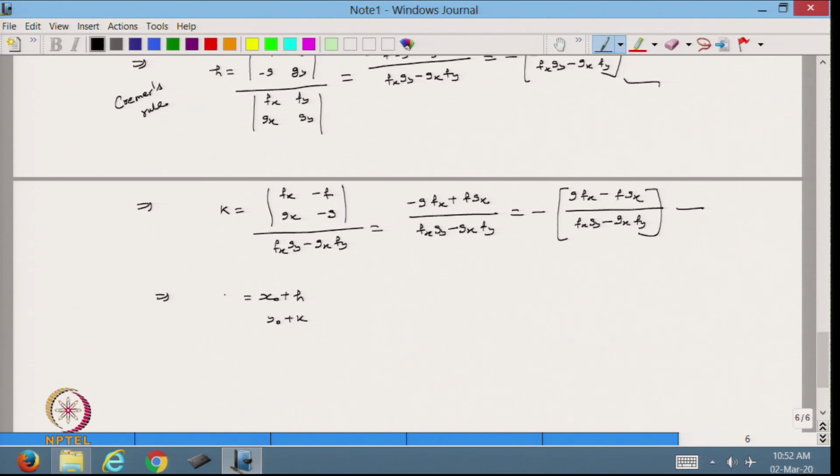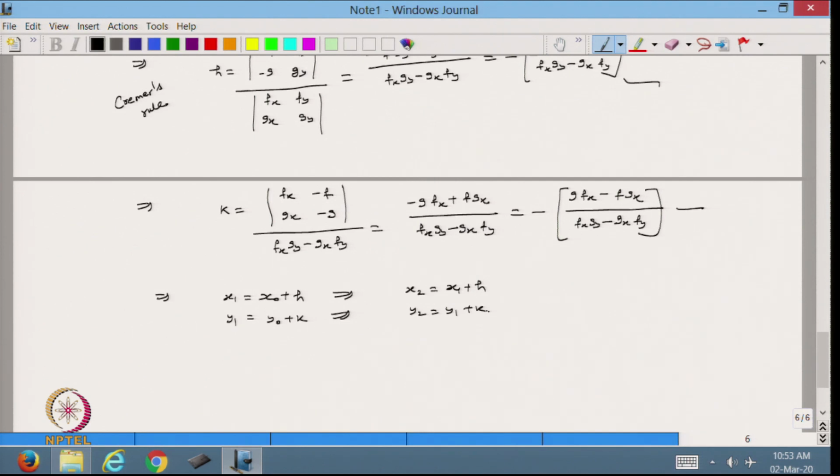I will treat this as my approximation, that is my x1 and y1. Then the same way I will find my x2, that will be x1 plus h, and y2 will be y1 plus k.